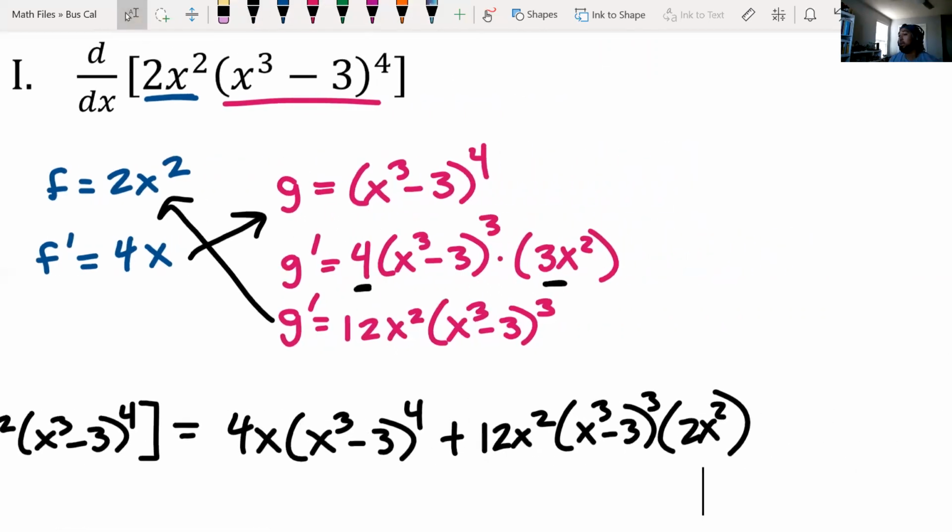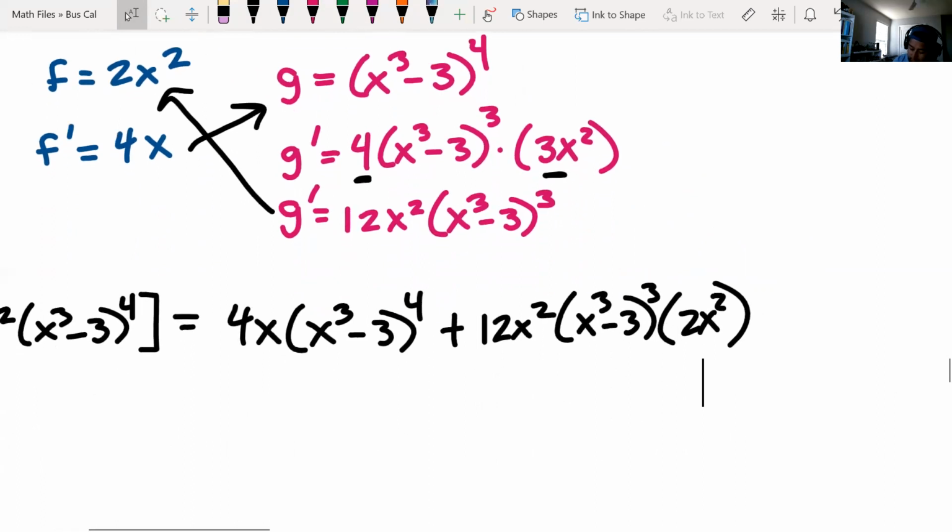All right. Now, lots of cleanup. So, well, almost a lot of cleanup. We can't do anything here. You cannot distribute the 4x into those parentheses because of that power of 4. The only thing we can do here is multiply those two numbers.